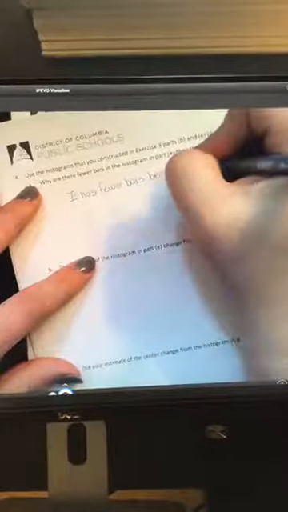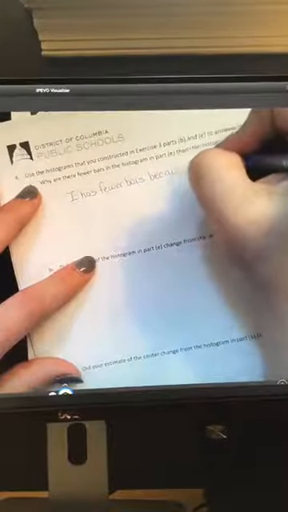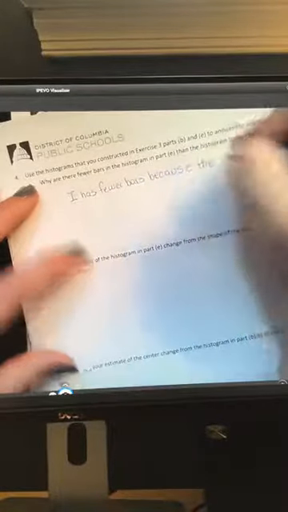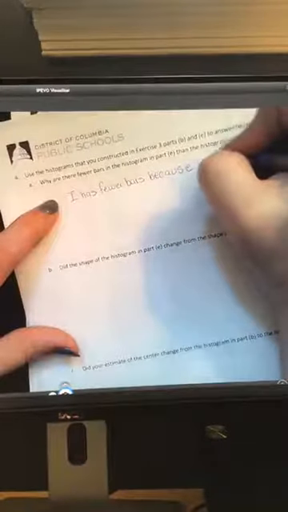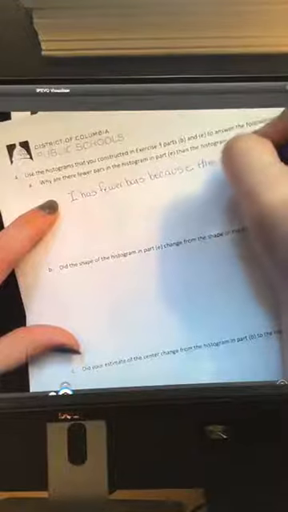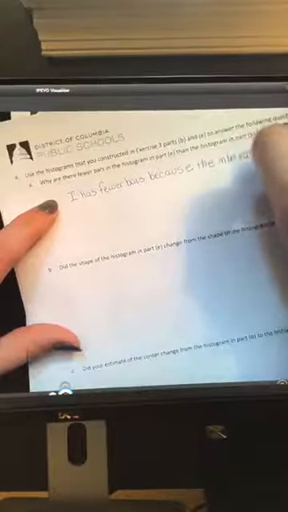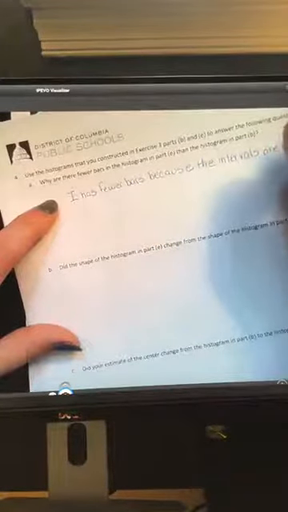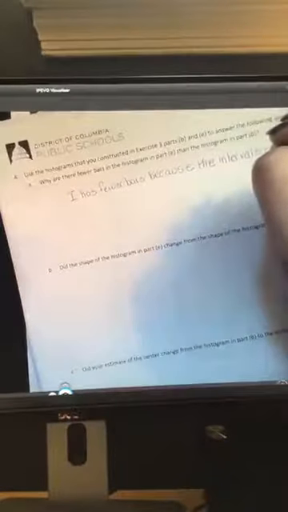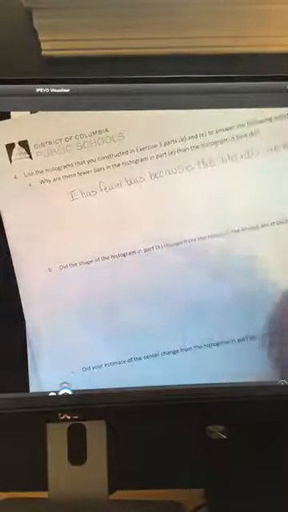So it has fewer bars because... okay, we're kind of getting there. So it has fewer bars because the intervals are bigger. Okay, because think of it. Okay, Kayla, I understand.